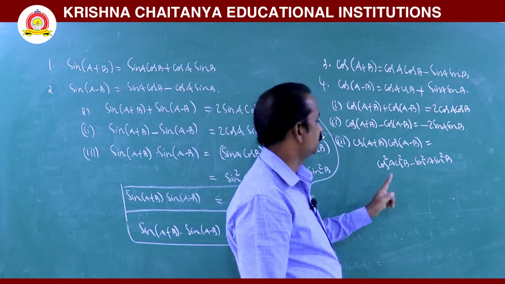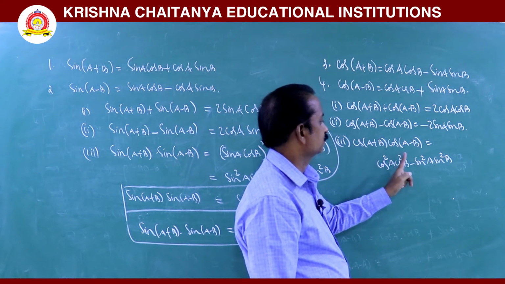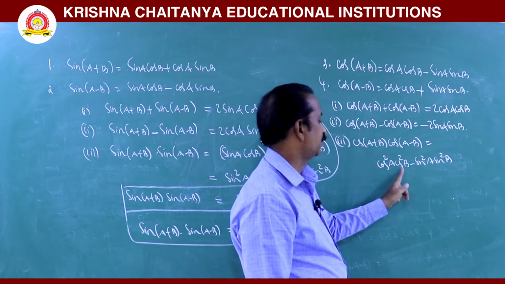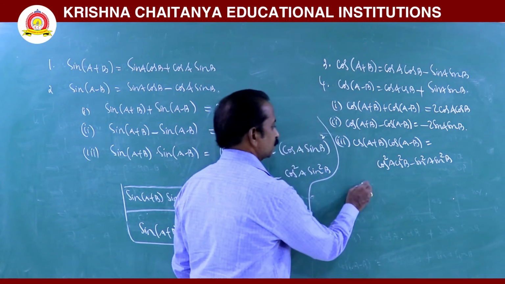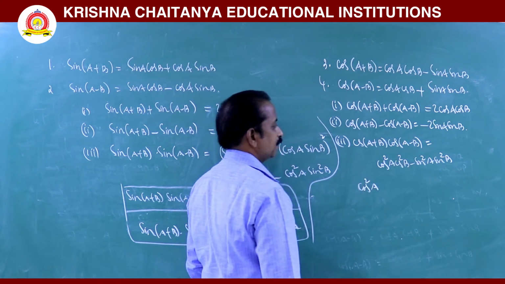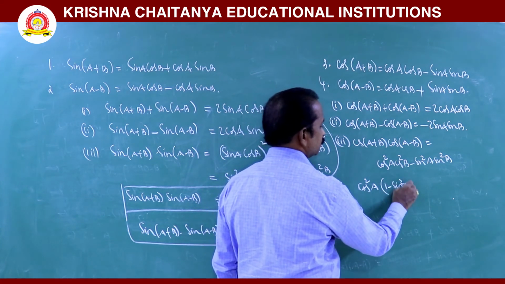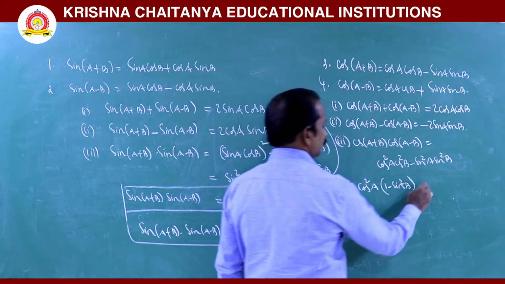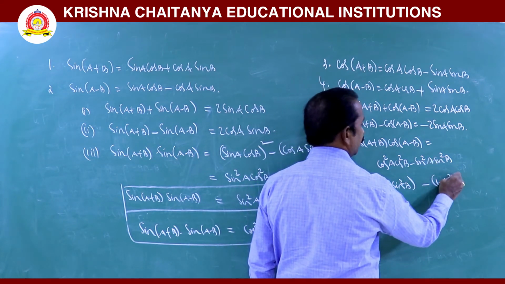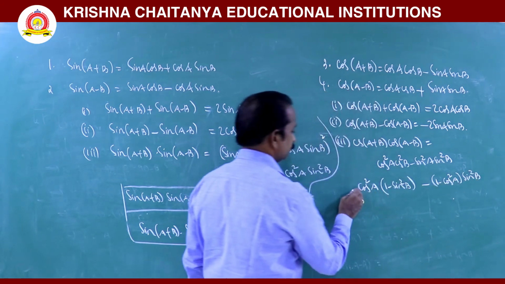Let us change cos square a into cos square b. These two functions are interchanged, otherwise at least one function will be changed. Instead of cos square b, we can write 1 minus sin square b. Instead of sin square a, we can write 1 minus cos square a into sin square b.